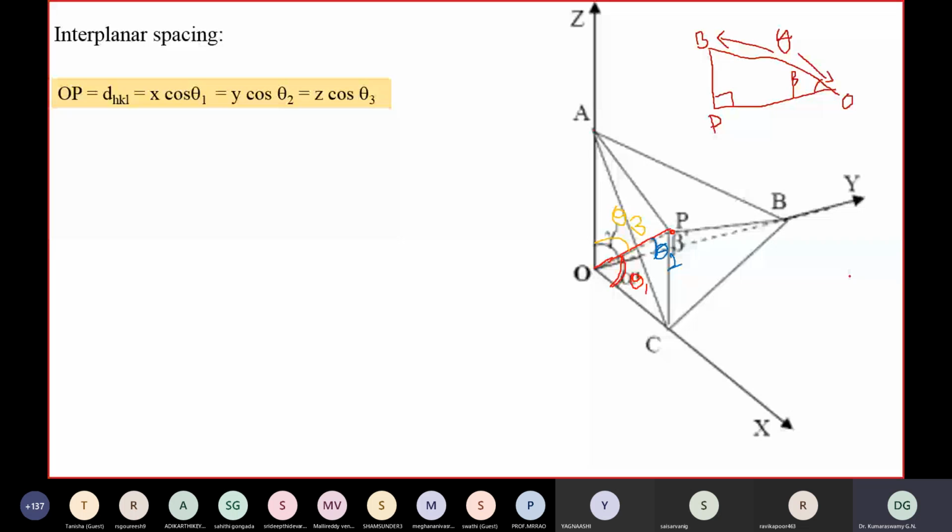Consider a parallel plane at O. Parallel means it also has to be 111. Consider a parallel plane at O.